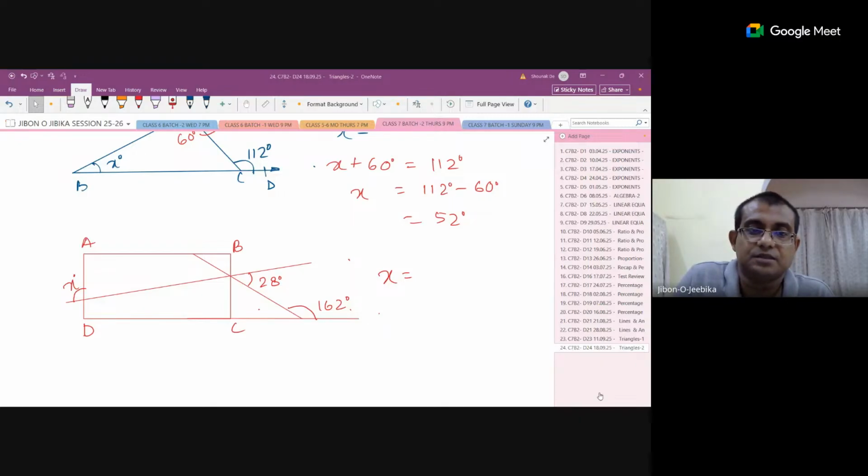Just look at the sum and what the available data is, and based on that we can get x.